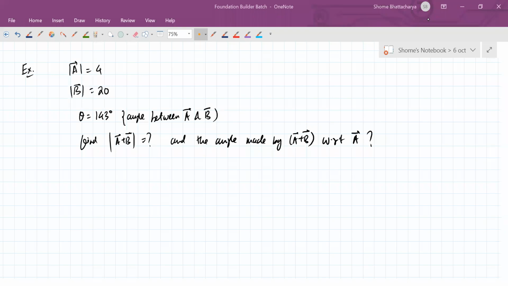Just try it out again. So first of all, cos of 143 is minus cos 37 is minus 4 by 5. Keep this in mind.